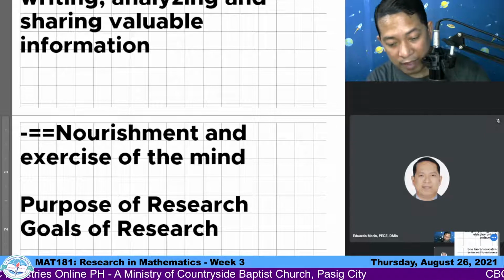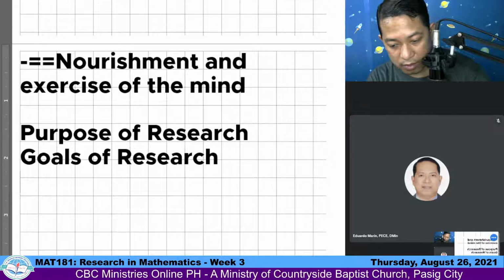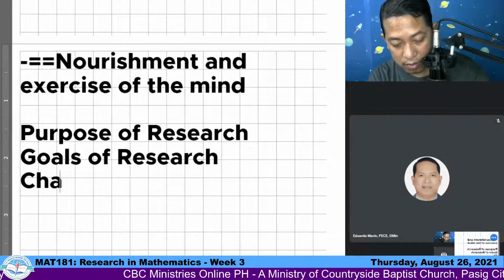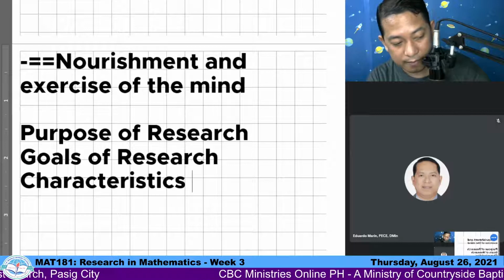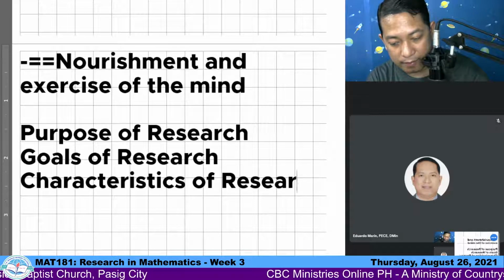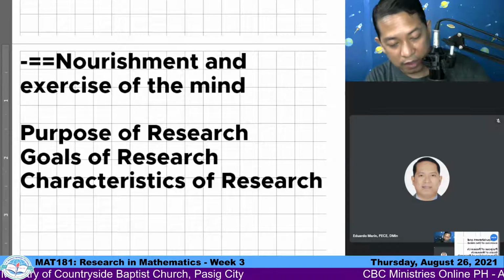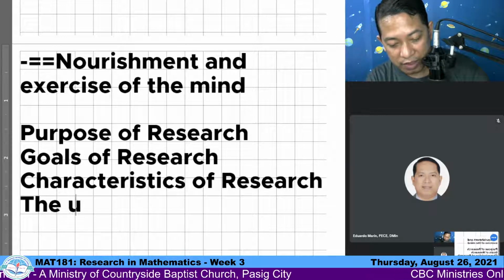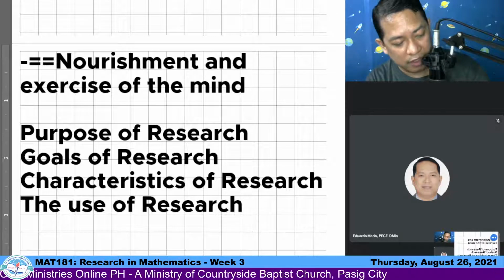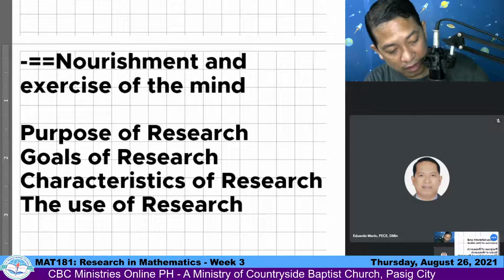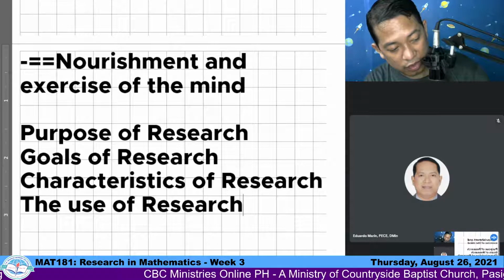We could have the characteristic of research. The use of research. So these are the topics that we could embark on.